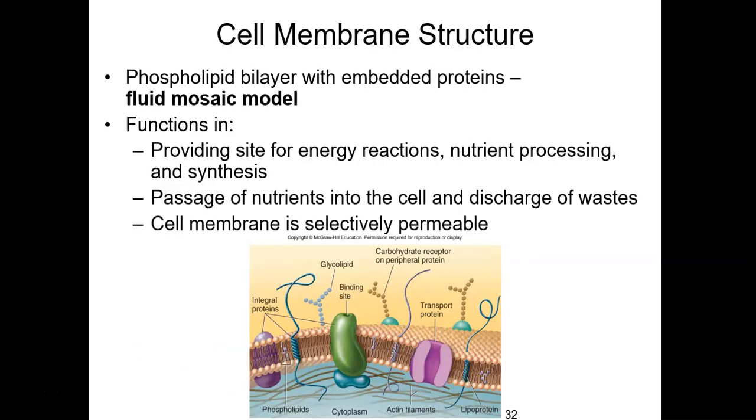Now we're going to talk about the innermost layer of the cell envelope, which we call the cell membrane. What I want you to think of when you think about the cell membrane is a very fluid layer. This layer is constantly moving. It looks almost like waves of the ocean, going up and down, undulating.